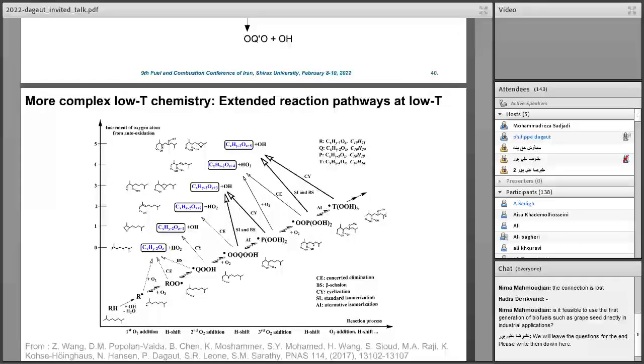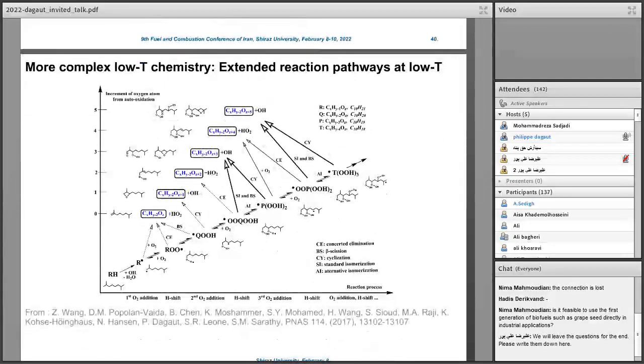These are results that we obtained a few years ago in collaboration with people from the Berkeley National Lab and other places. And we could see that, in fact, this process of addition of molecular oxygen, H-atom transfer, again, oxygen addition, H-atom transfer, oxygen addition, etc., can go very far.